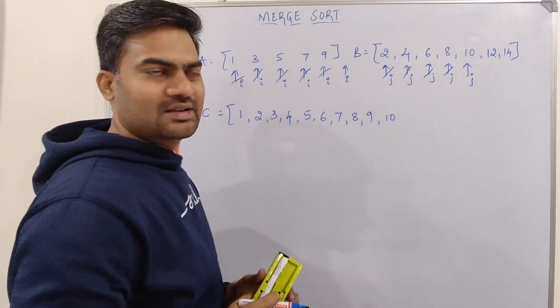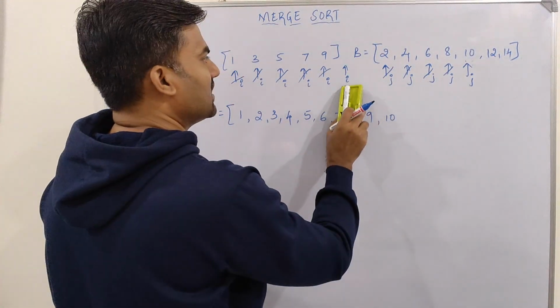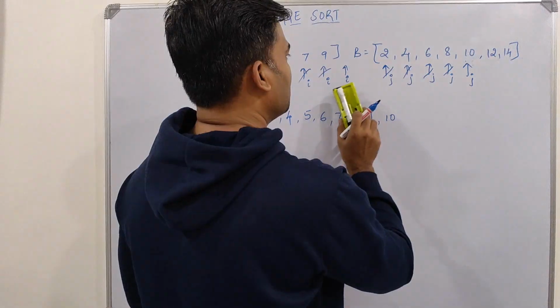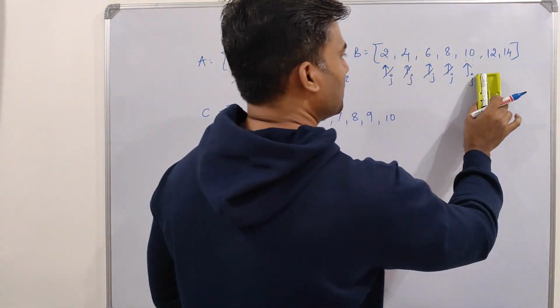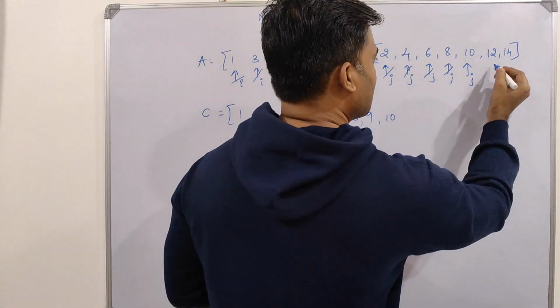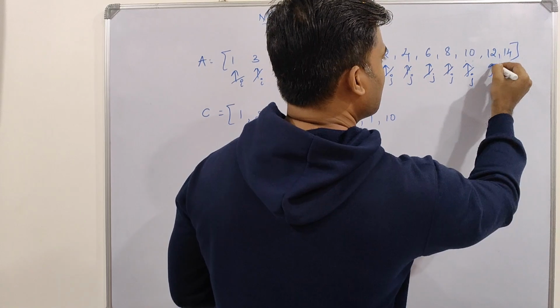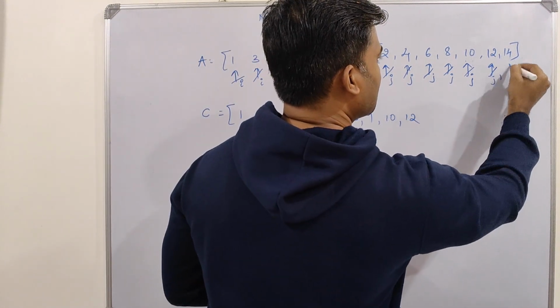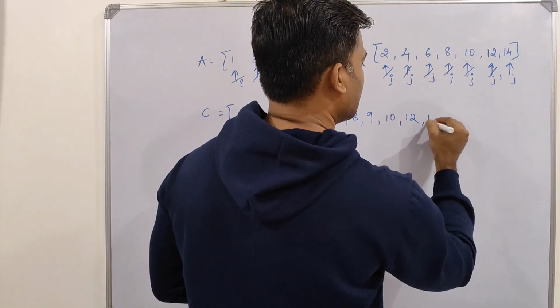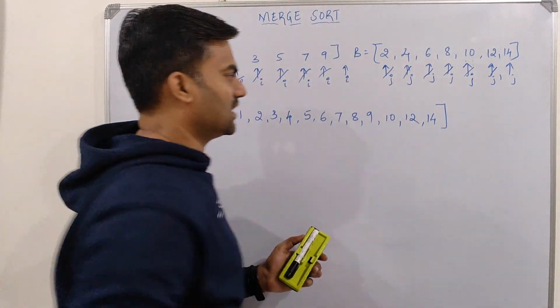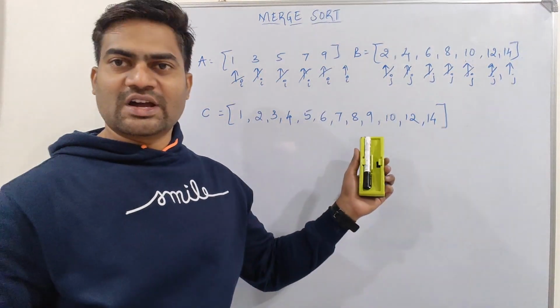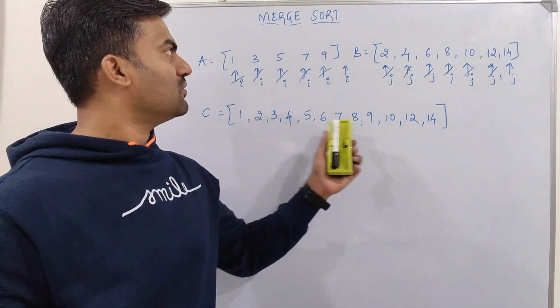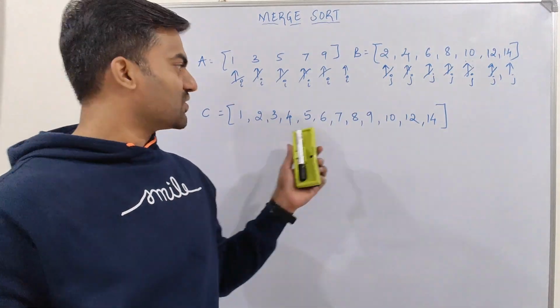In that case, this is the best case, because when I gets exhausted, we stop here and simply copy the remaining elements. So I will increment j, take 12, again increment j and copy 14. So this is my merged array. This is how the merging procedure works.